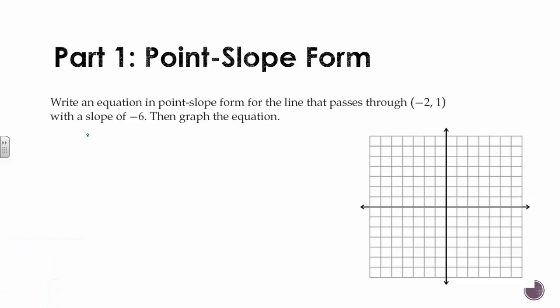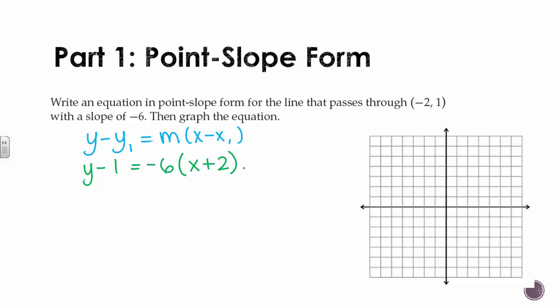So let's write down the form. Y minus y1 equals m times x minus x1, and plug in what we know. So y minus the y in my point, which is 1, equals the slope of -6 times x minus the x in my point, which is a -2.